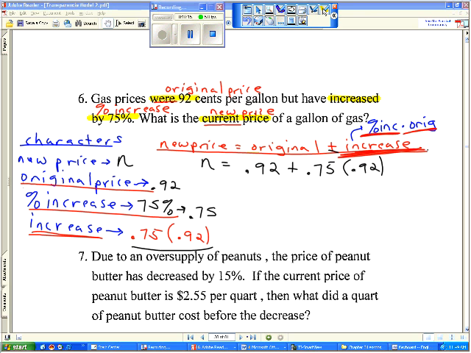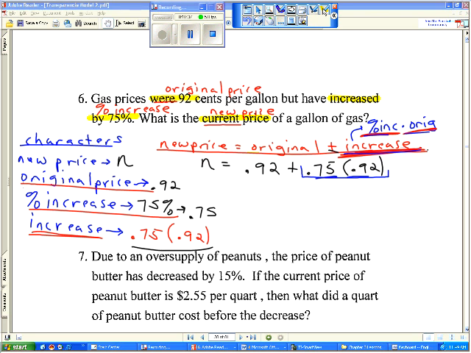Percent increase is what? What do you mean? If you take percent increase times original, what's that going to give you when you calculate that? It's going to give you the increase. Percent increase times original, that's this right here, right? It's telling us what that is.